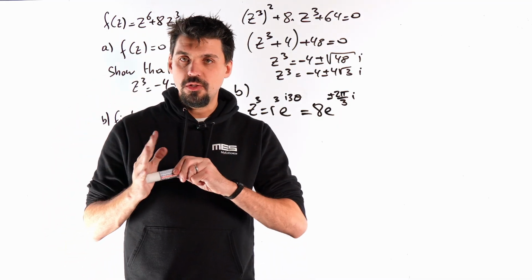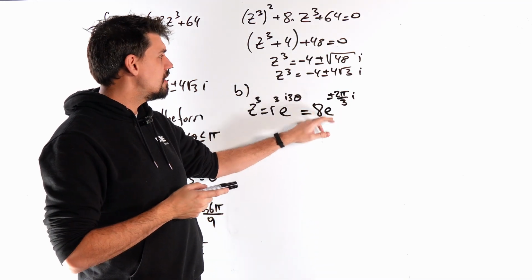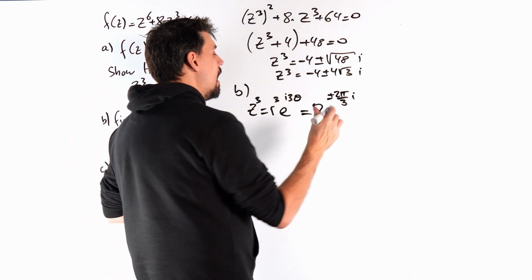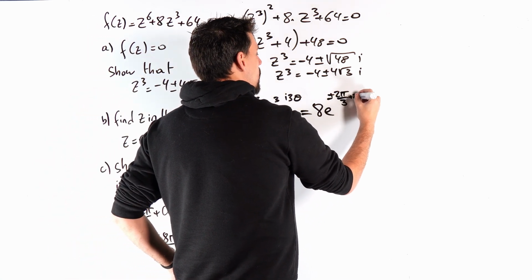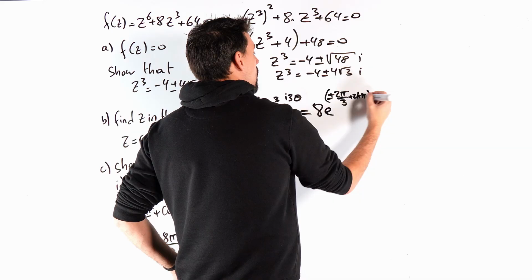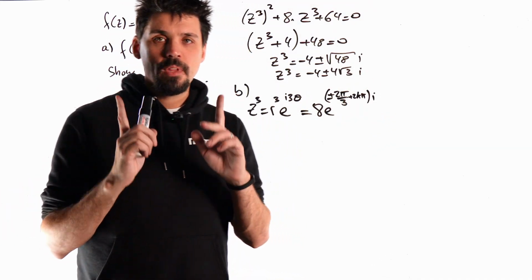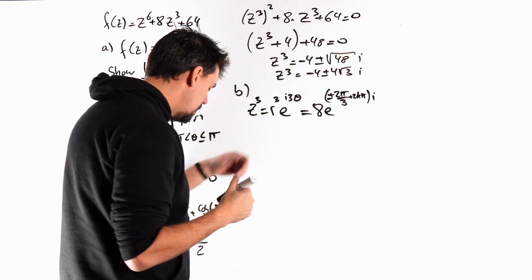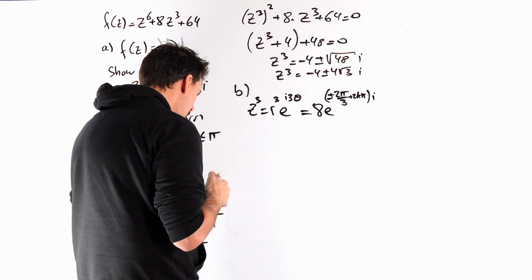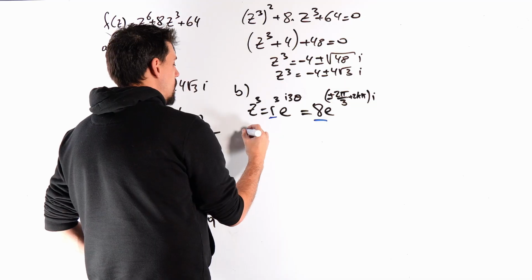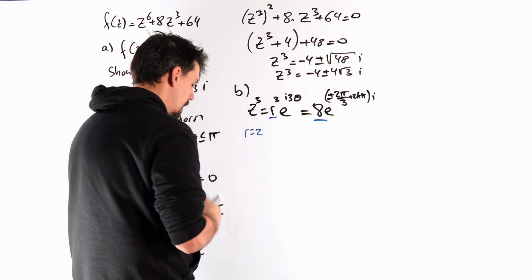Feel free to check this yourself. This complex number here is 8e to the plus or minus 2 pi over 3 i. And in fact, I will remind you that we can always add 2k pi onto that as well. So looking at the r's, we can say that r is 2.